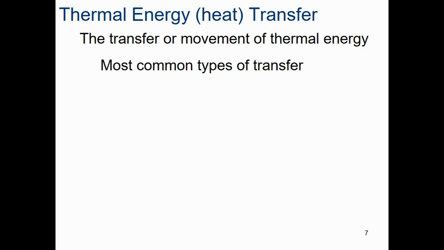All right, so how do we have energy transferred within a system? Thermal energy or heat transfer is the transfer of movement of thermal energy. The most common types of transfer are going to be convection. Convection is the process by which, in a fluid being heated, the warmer part of the mass rises and the cooler portion sinks.